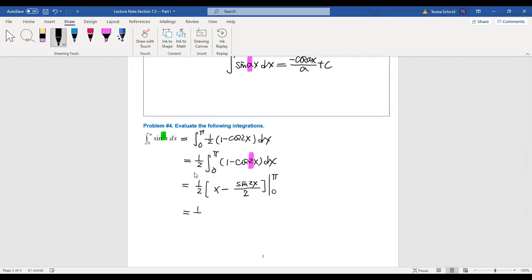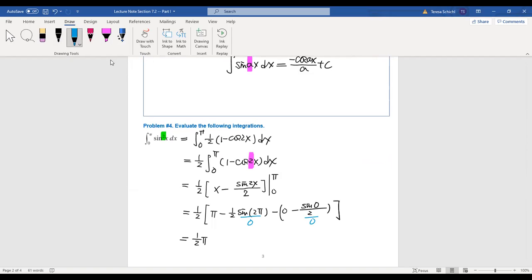So this will be 1/2 times pi minus 1/2 sine 2 pi, minus 0 plus 1/2 sine 0. The sine terms are 0. So what is the answer? It's 1/2 pi, because this is 0 and this is 0.